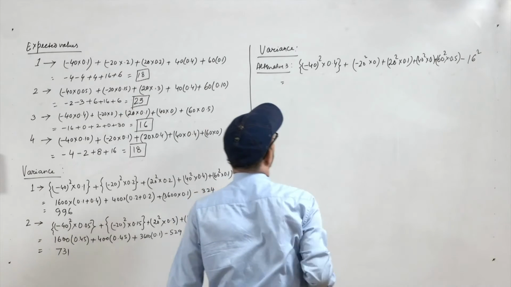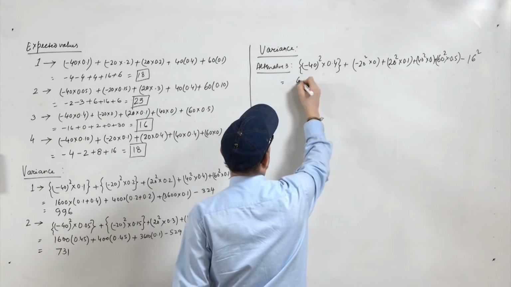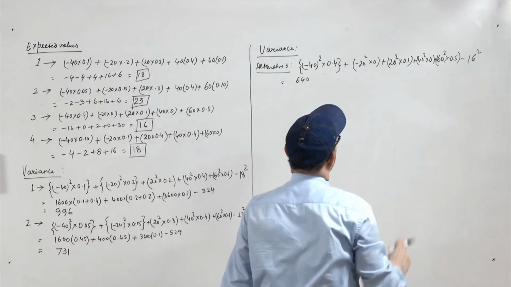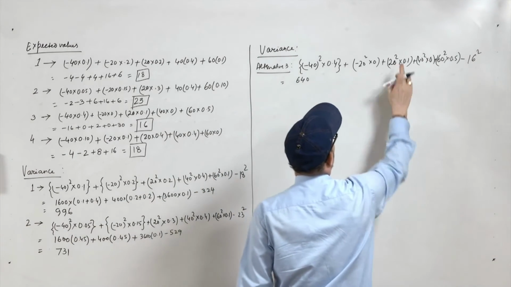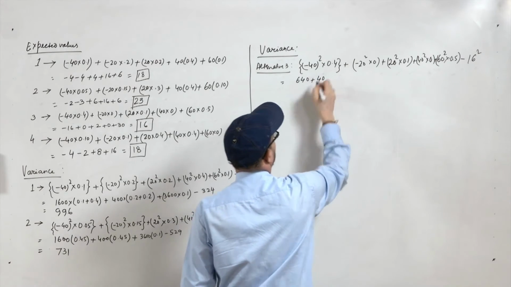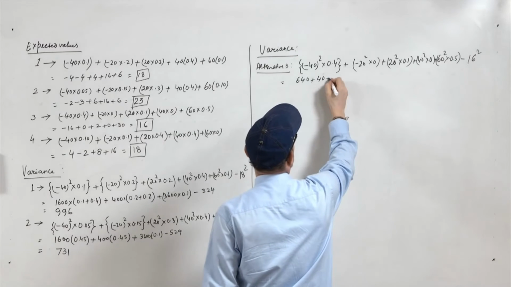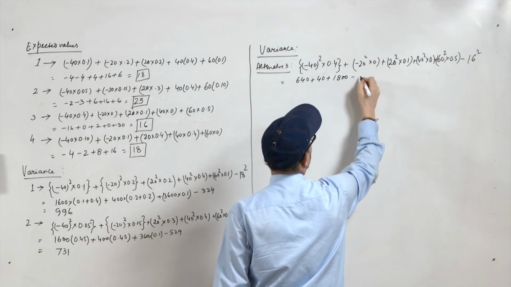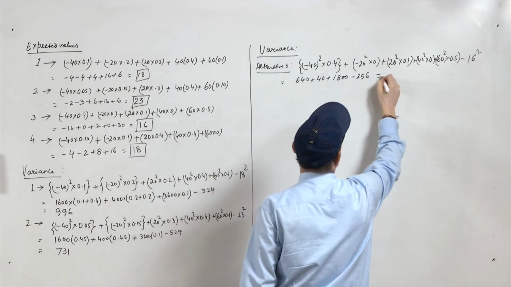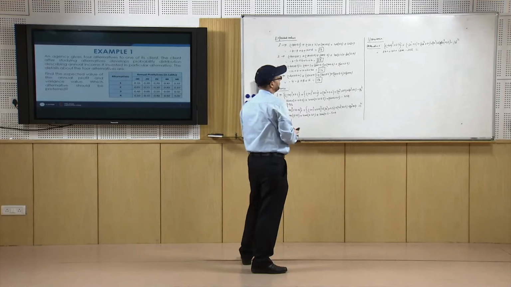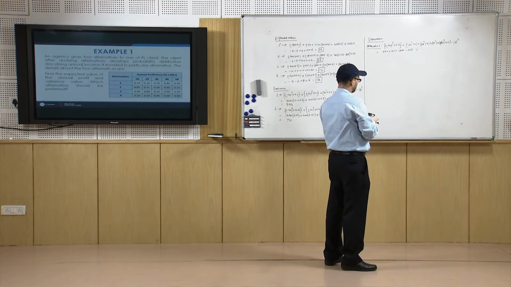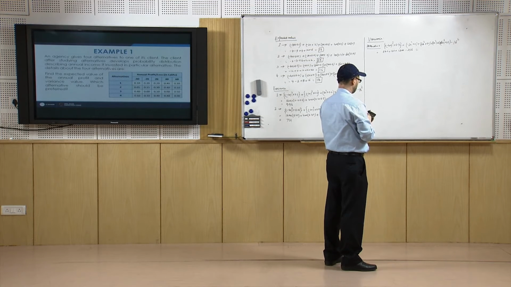So, it will be 1600 into 0.4, that is 640, plus 400 multiplied by 0.1, so 40, plus 60 square into 0.5, so that is 1800, minus 256, and this comes out to be 640 plus 40 plus 1800 minus 256.